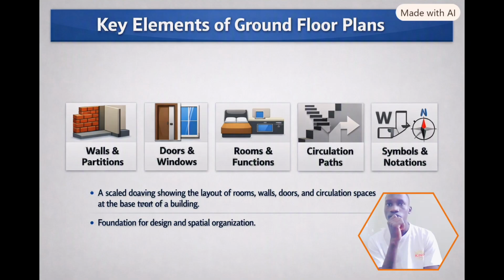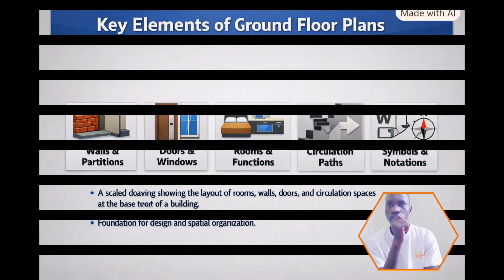Though in big homes, standard homes, symbols may be required in case there are visitors around that may not understand. So when those symbols and notations are there, they can read them and sort themselves out. So a scale drawing showing the layout of rooms, walls, doors, and circulation spaces at the base level of a building, that's what a ground floor plan is. It's just a simple thing.